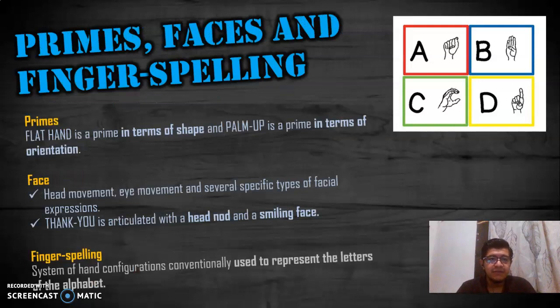Primes, faces, and finger spelling. The primes mean the step by step. For example, the flat hand is a prime in terms of shape. It means that I'm going to flatten my hand, and then shape, and then move up my palm.